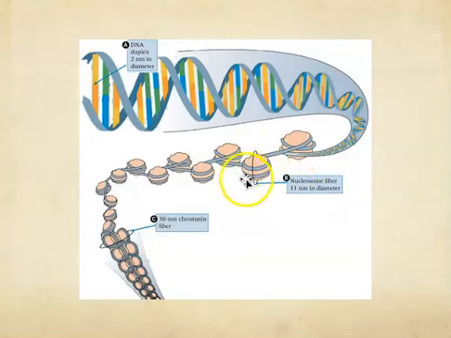This structure right here, the combined DNA and histone proteins, is referred to as a nucleosome. Nucleosomes are basically the subunit of chromatin. All of these nucleosomes are then carefully folded, carefully stacked together to create this very complex molecule that we call chromatin.